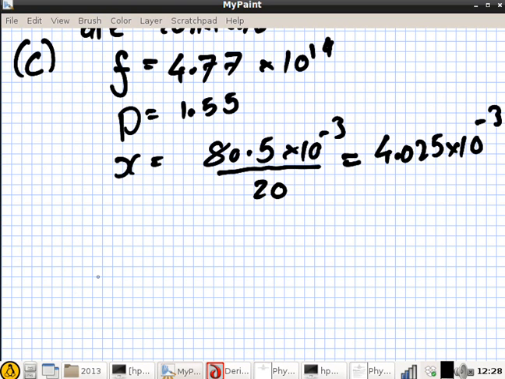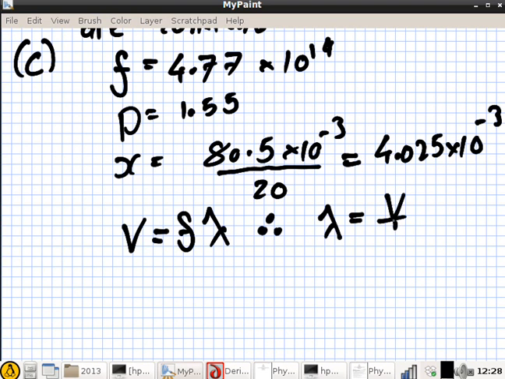So do we know the lambda? No, we don't, but we can get the lambda because we can use this formula. V equals F lambda. Therefore, what does lambda equal? V over F. Now, do we know the V?